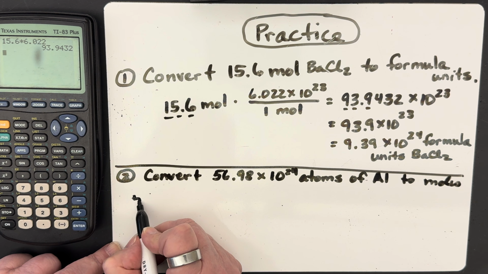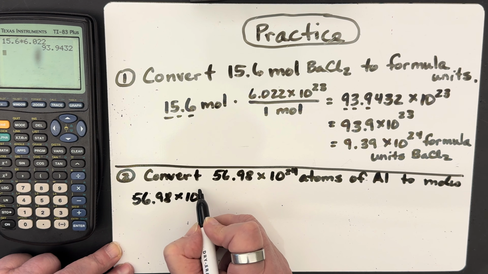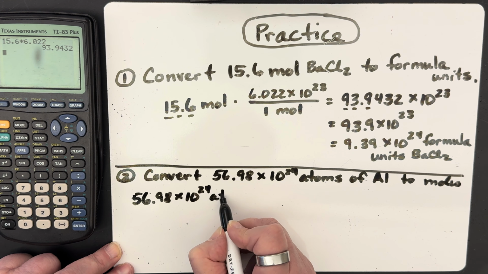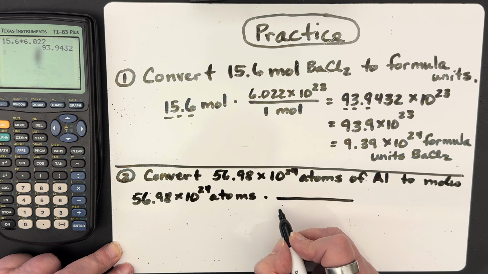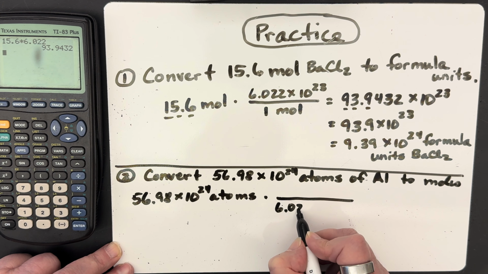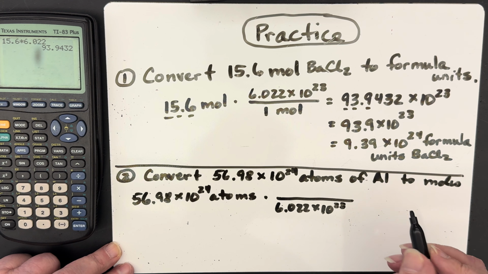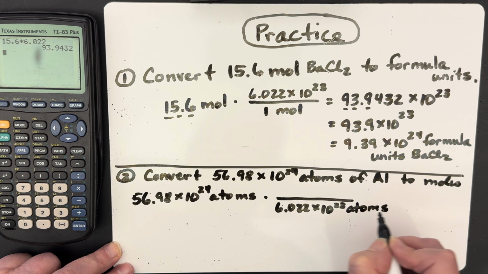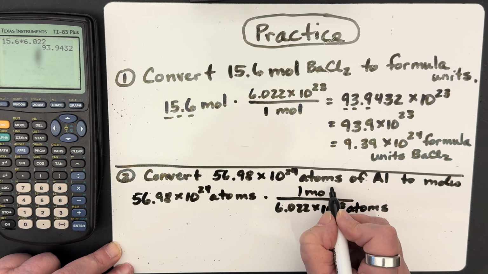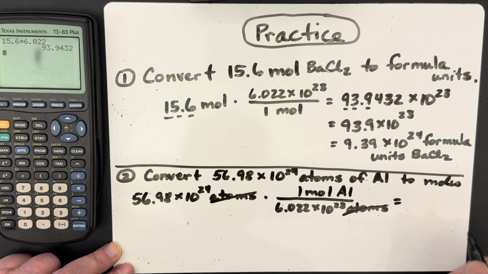So we start with our given. Since we're given atoms, we know that Avogadro's number of atoms, or anything else, is equal to 1 mole of that substance. Atoms cancels, so we're going to end up taking this number divided by this number.